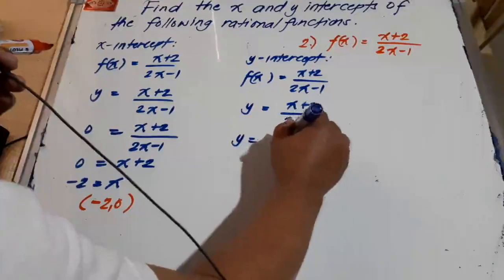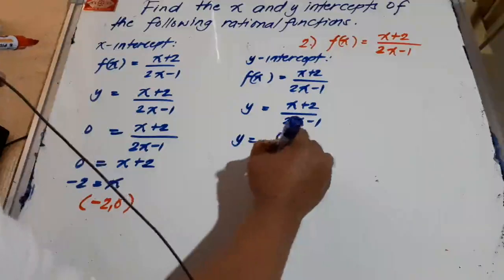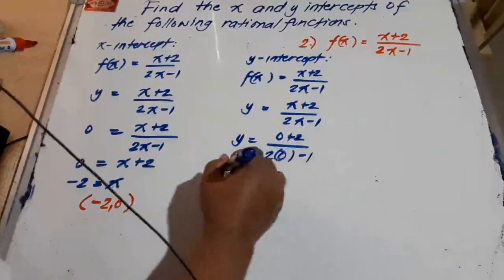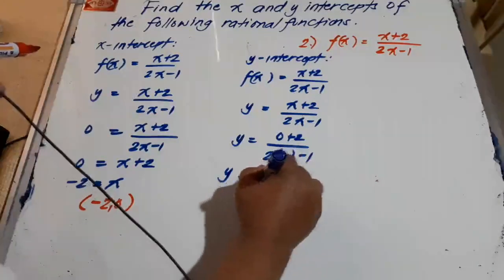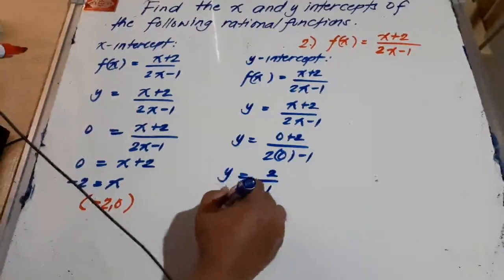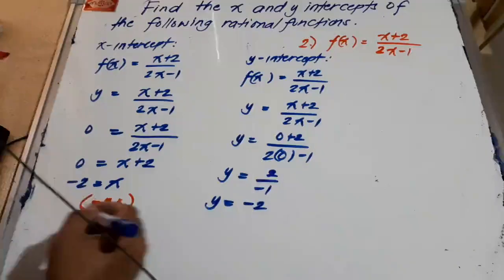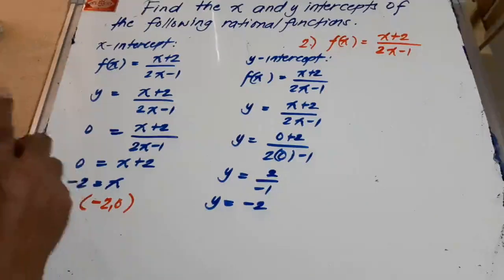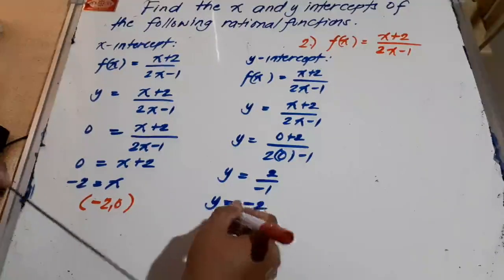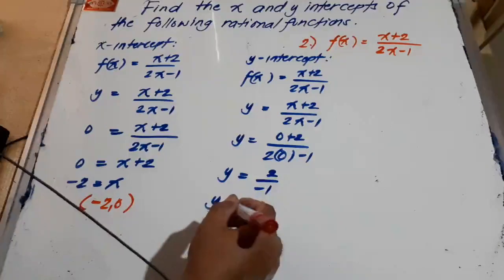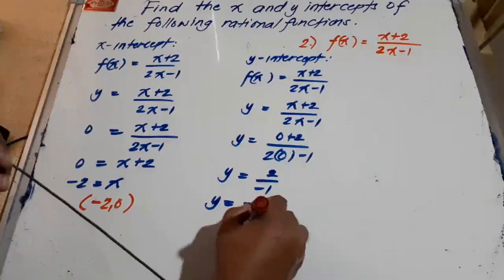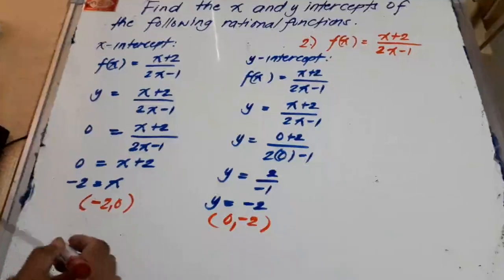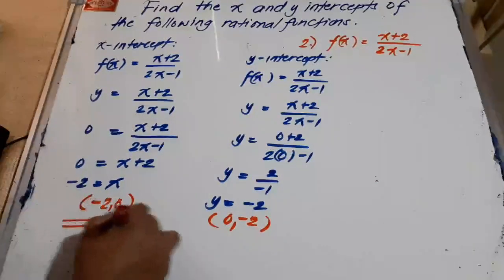So therefore, 0 plus 2 over 2 times 0 minus 1. We have y equals 0 plus 2, which is 2, over negative 1. Therefore, y equals negative 2. So, ibig sabihin yan, tatama yung graph ng function sa (0, -2).